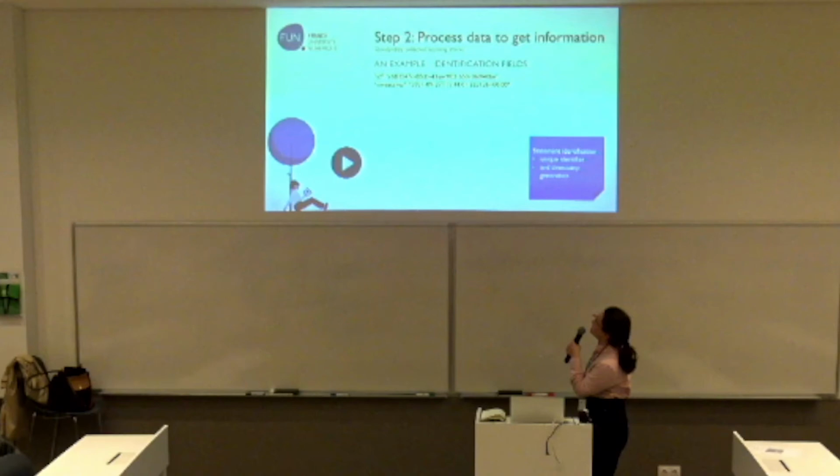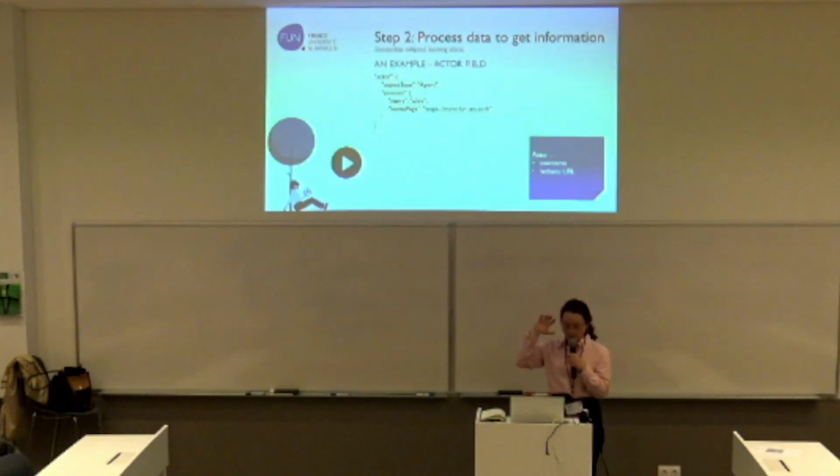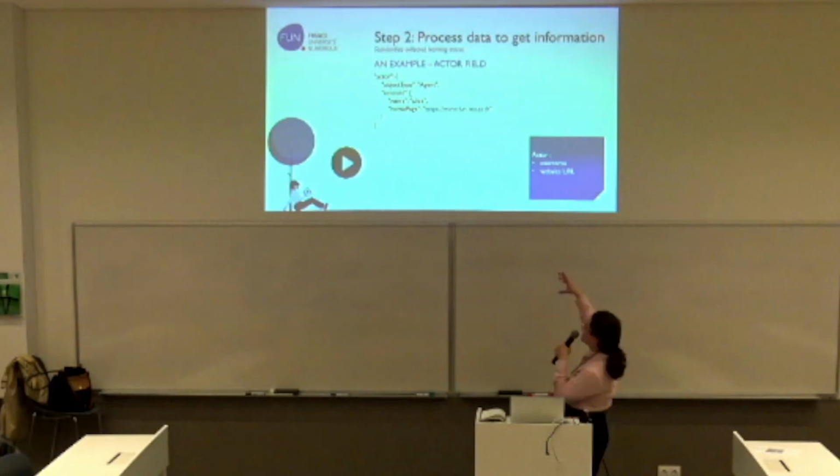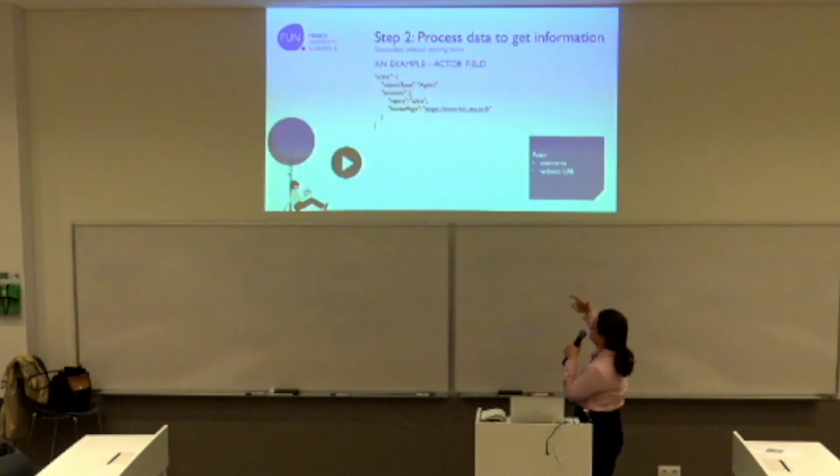The actor, in human conception, is Alice, but from the system point of view, you need to add more information than Alice. Alice in the platform is represented by a username. Alice can be identified and recognized in the platform by a username. And to be sure that it's Alice from the FunMOOC platform, we also need to associate the URL from the platform.